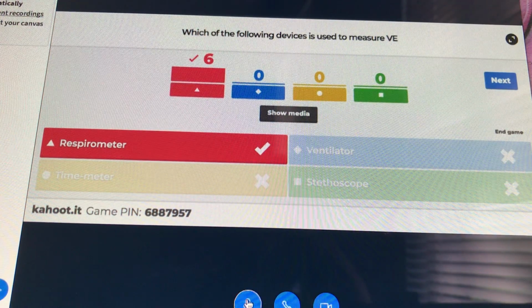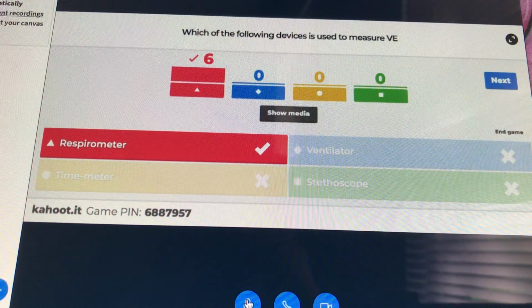Minute ventilation. So using a respirometer, how would you instruct your patient? What would you have your patient do to measure their VE? Have them take a deep breath and blow, blow, blow. No, what is VE?